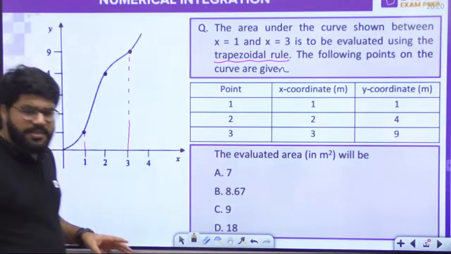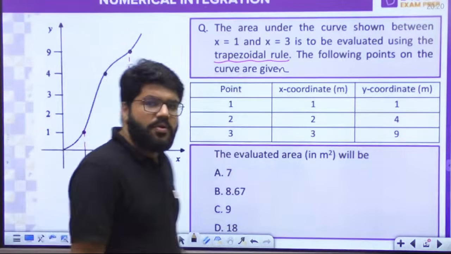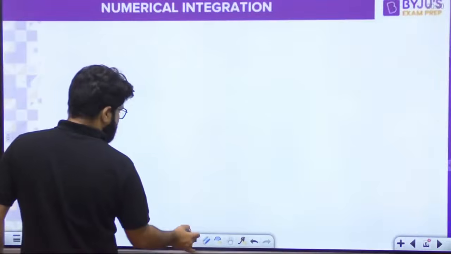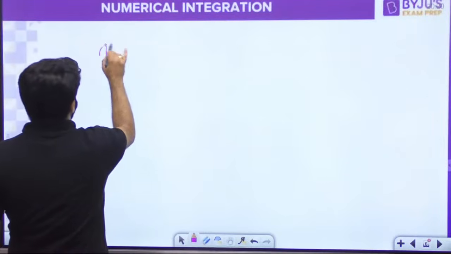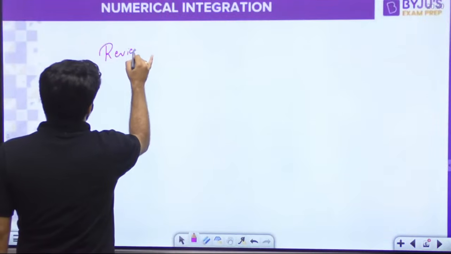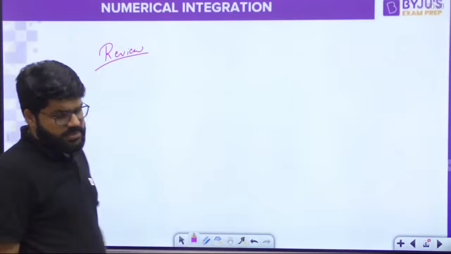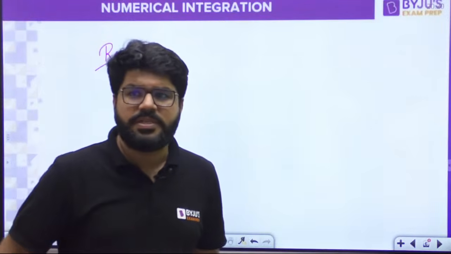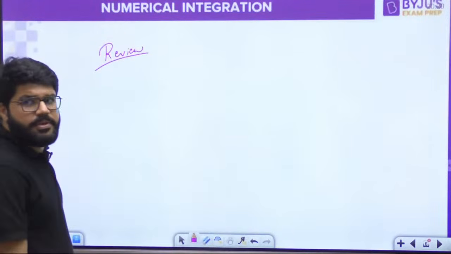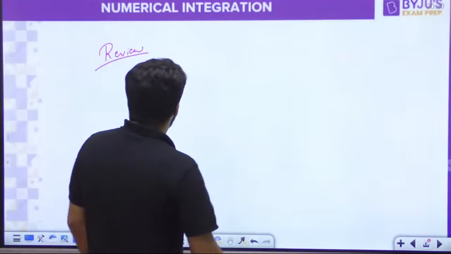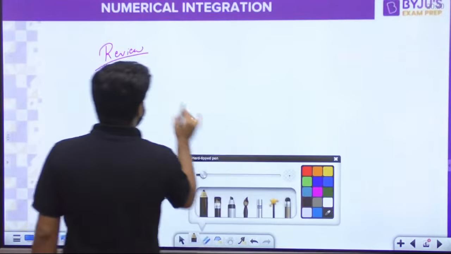Now everyone, let us revise what is the trapezoidal formula. A quick review of the formula. Today we take up both the questions, trapezoidal and Simpson, some direct questions, some error based questions. So what is the trapezoidal formula?